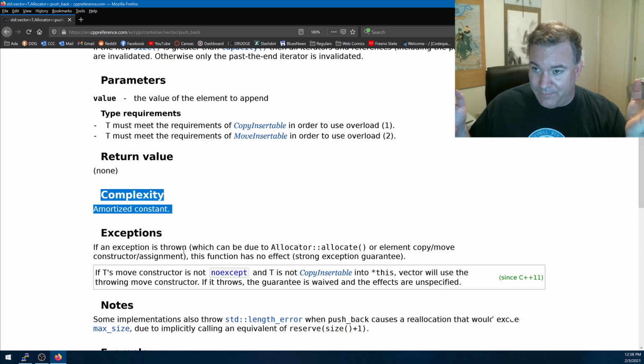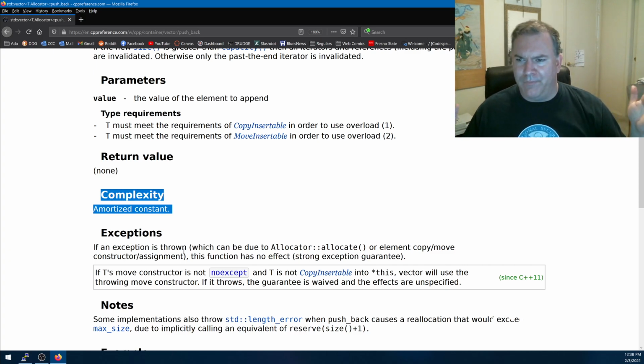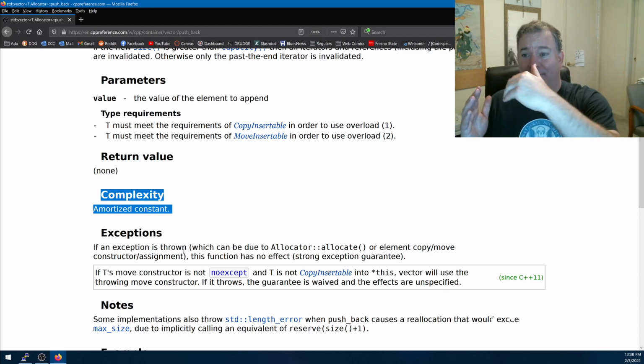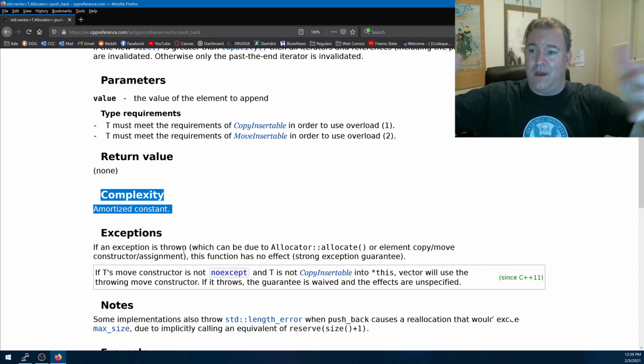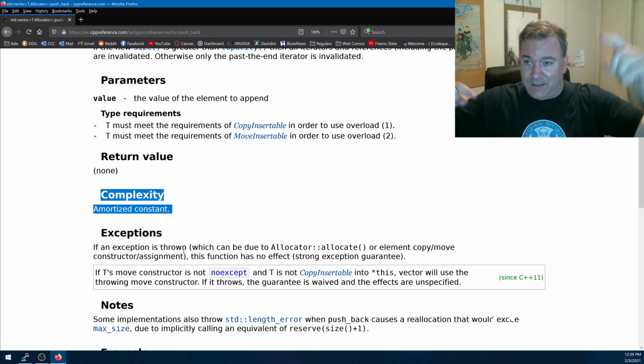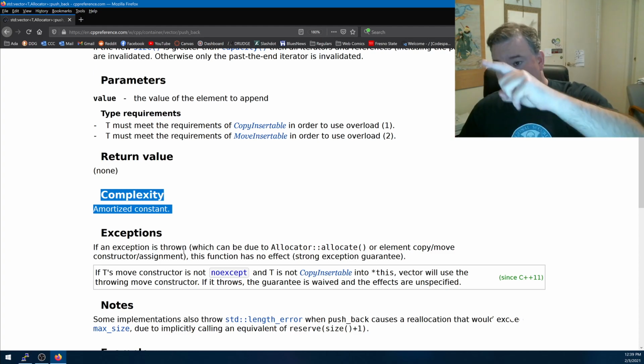because vectors will usually over-allocate memory by a factor of 2. I think it's not set in stone, but it's usually a factor of 2. And so it fills, and when it runs out of room, the next time you do a pushback, it doubles the size: it allocates a new array twice as big as before. It copies every element over, which is an order n operation.